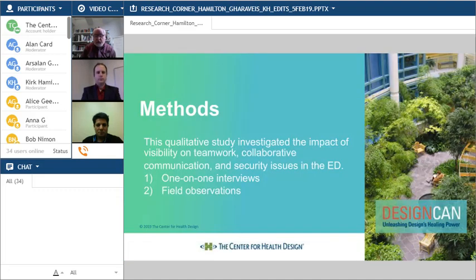Well, the methods of his study, it's a qualitative study. It's not a quantitative study. It's a qualitative study which is often used to investigate something that hasn't been studied before and will lead to the potential for other deeper levels of investigation.